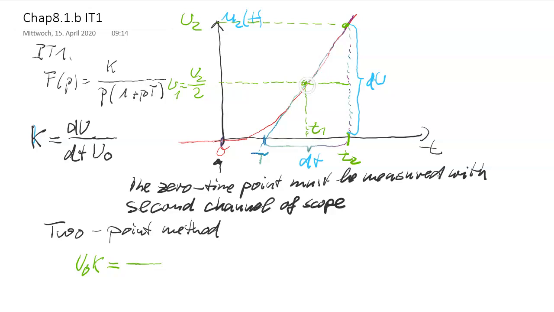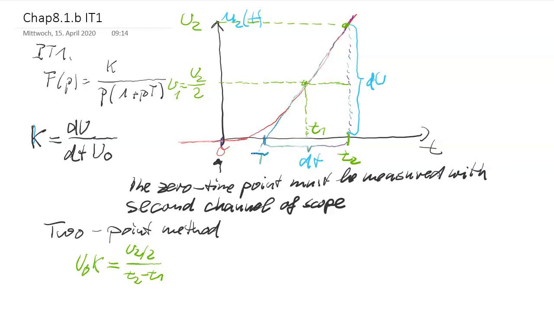So the horizontal part of this triangle is T2 minus T1, sorry. And the vertical part of this triangle is U2 minus half of U2, which is half of U2, U2 divided by 2. So this is a way to calculate the K factor.